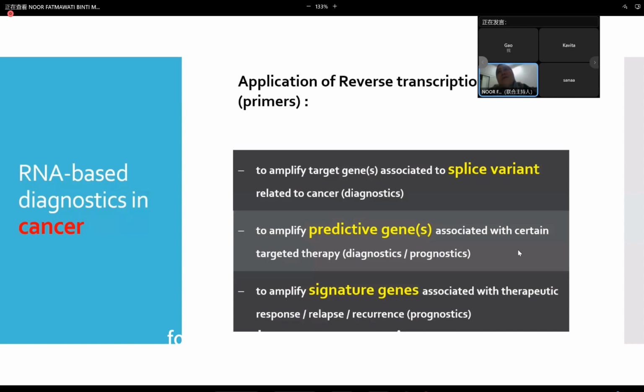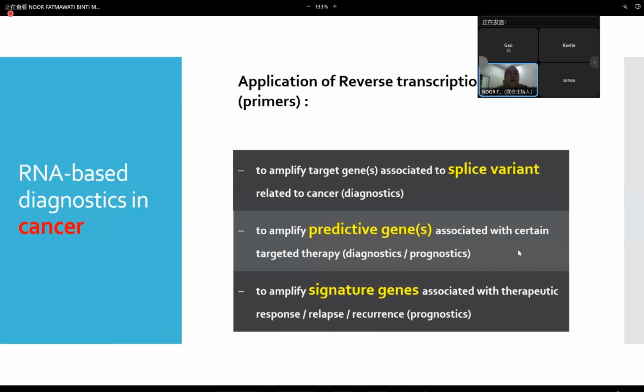For example, in cancer, you can measure estrogen receptor, or you can measure progesterone receptor, because these receptors are associated with a drug called Herceptin or tamoxifen. It's a monoclonal antibody for breast cancer. Breast cancer positive for estrogen or progesterone receptor, hormone receptors.